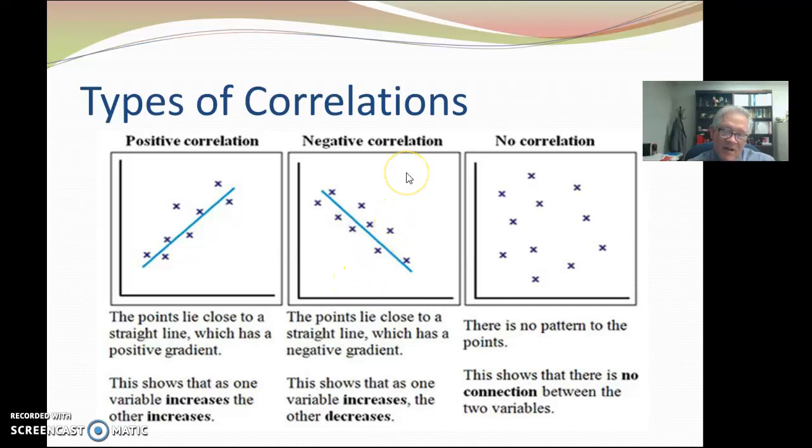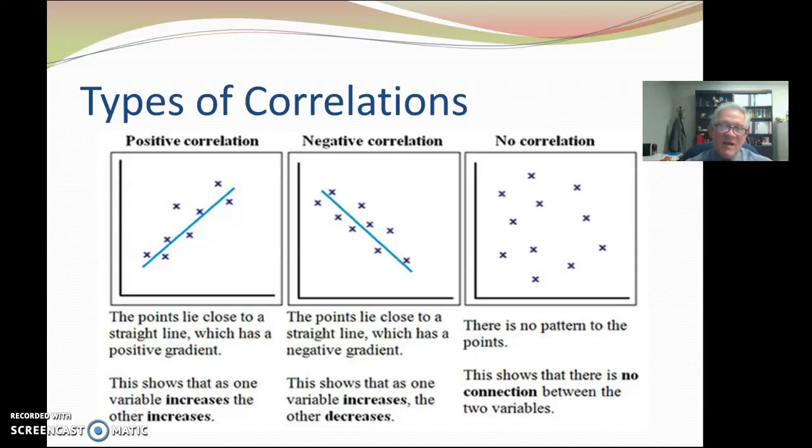This might be illustrated by the relationship between weight and exercise. The more you exercise, the less you would weigh. Is that a perfect correlation? Wish it was, but it's not.